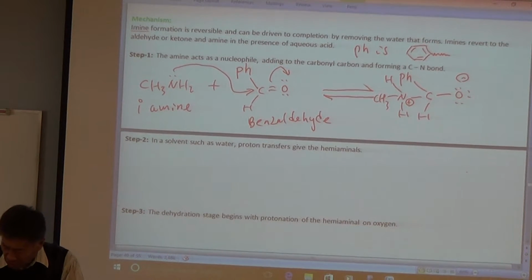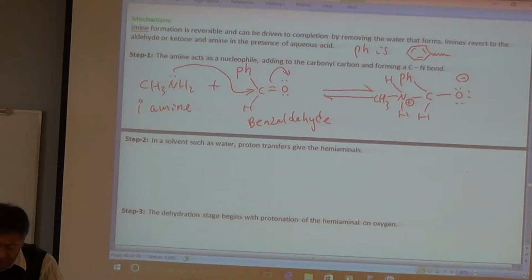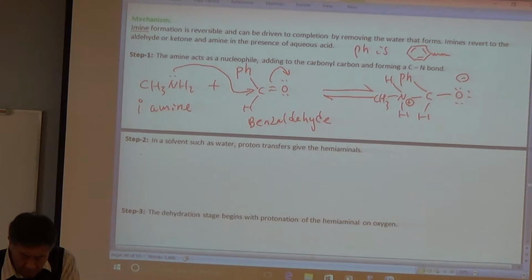Okay. Next step, the protonation and deprotonation, I'm going to run them together. So you will see this is Ph, carbon, and now let's rotate this a little bit. So we have this oxygen here with a negative charge, and then this H here, not going to do anything much.